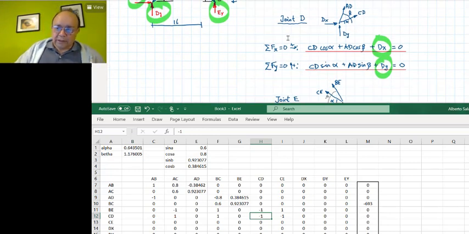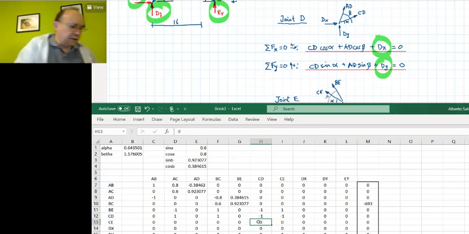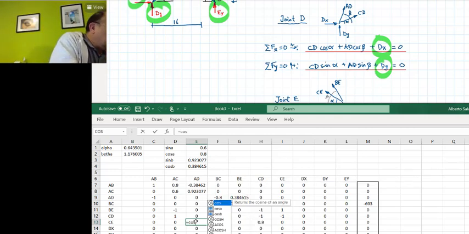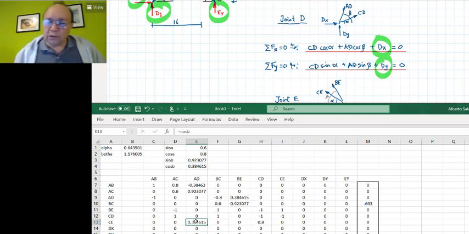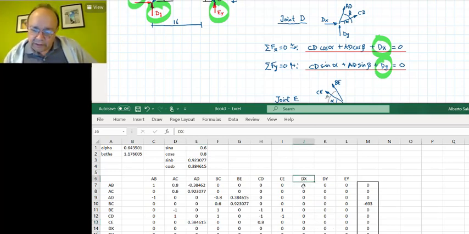Now, join D. CD cosine alpha equals cosine alpha, AD cosine beta equals cosine beta. No negative elements over there. And then dx times 1, equals 0.